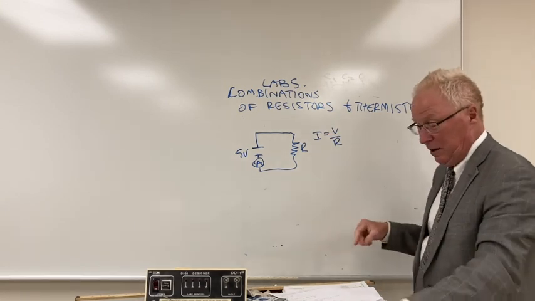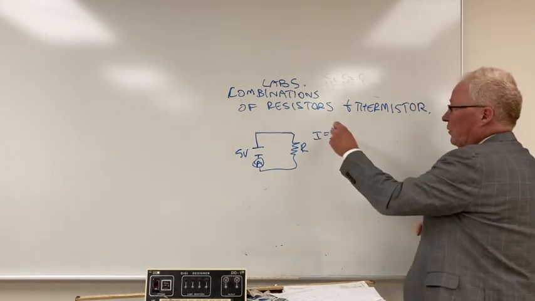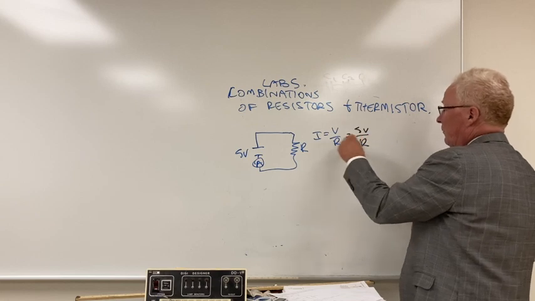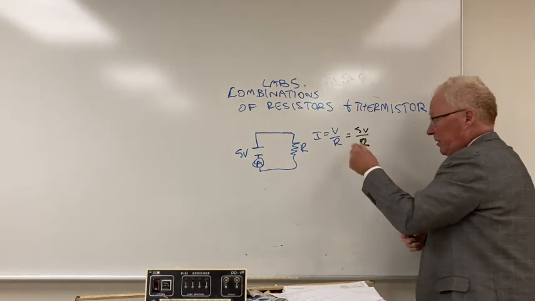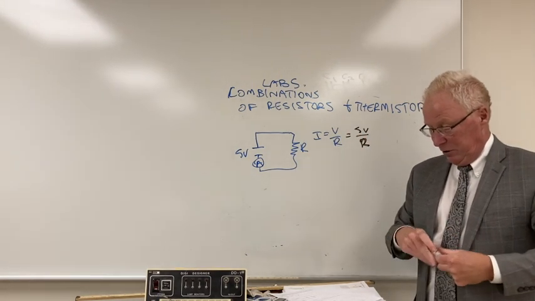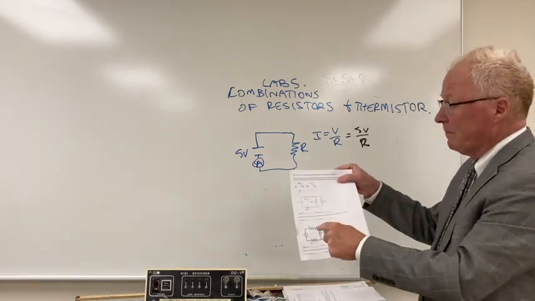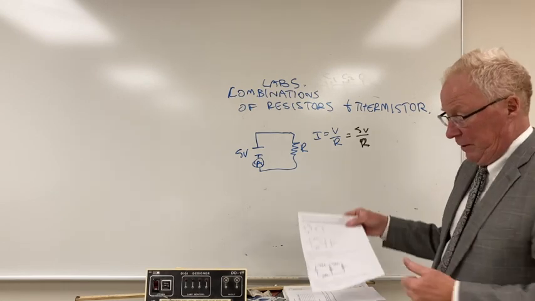And then the current will be V over R, where this will be 5 volts over whatever R is for that. And we'll just calculate that, and we're not going to measure it. But for the first one, we'll calculate R and then measure it, right?